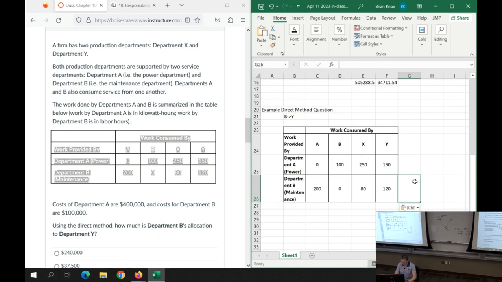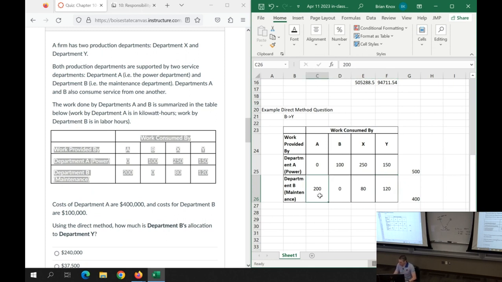We start, just as an example, looks like we have a total of 400 total labor hours. So 120 is less than 50% of that if we did this right now. But the direct method says, wait, we got to start by ignoring any interdependency. No service departments serving each other. We're going to act like that doesn't happen.